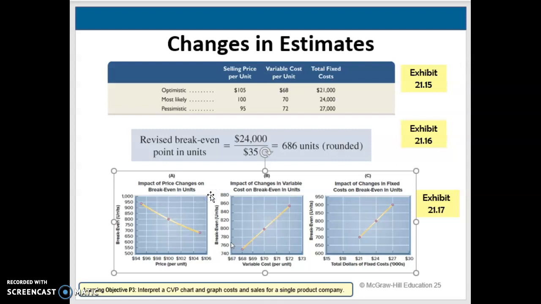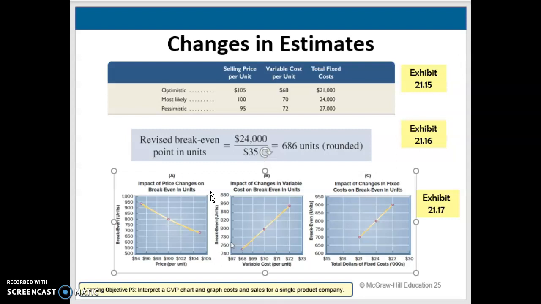And that gives you the revised break-even. We have that $35 on the bottom, so we take the $24,000 fixed cost divided by the $35, which is our revised contribution margin. And that's going to then give us how many units we have to sell to break even if we were to increase our sales price.